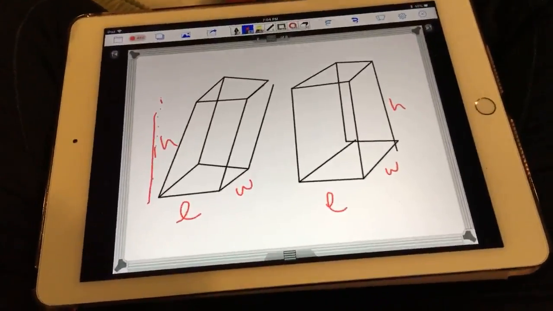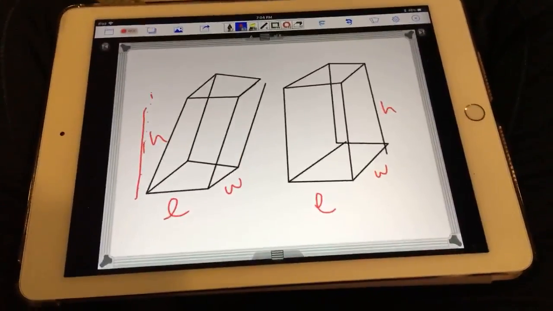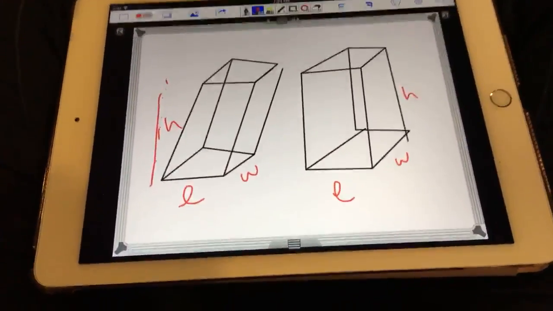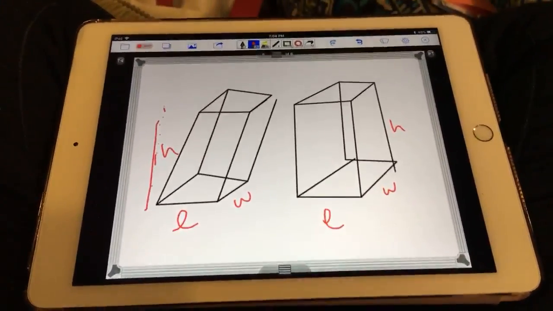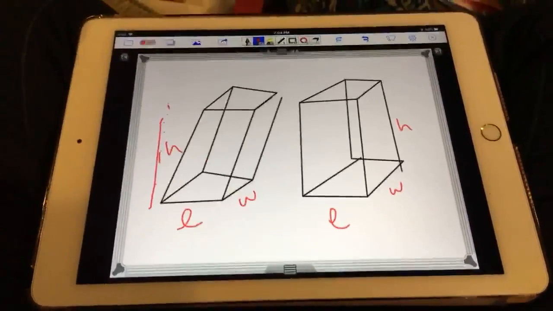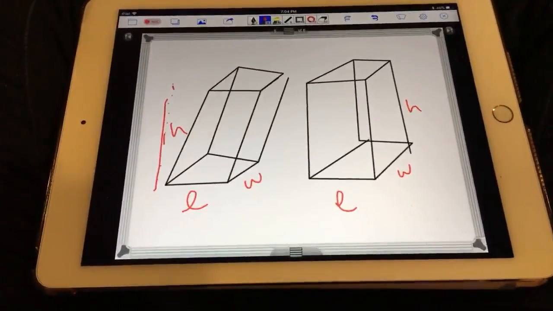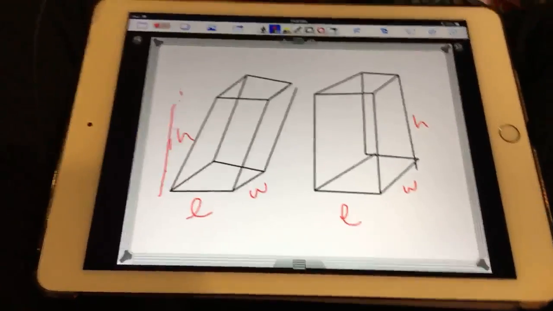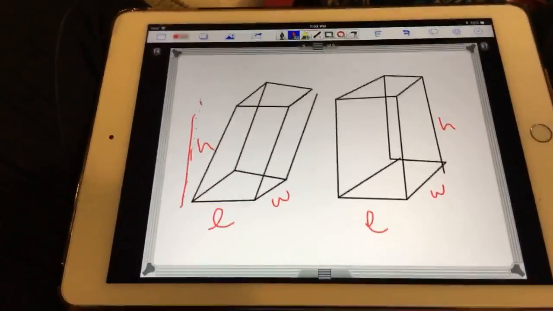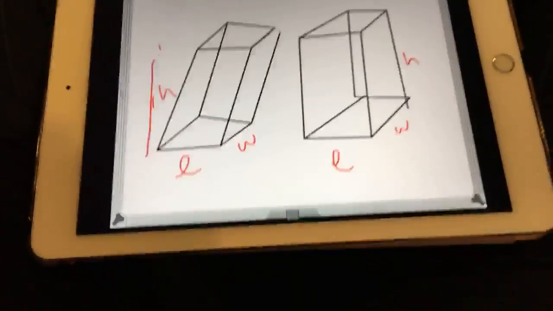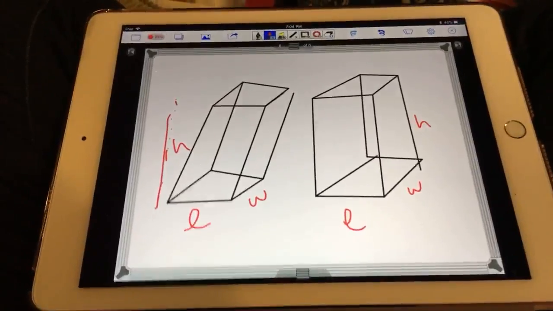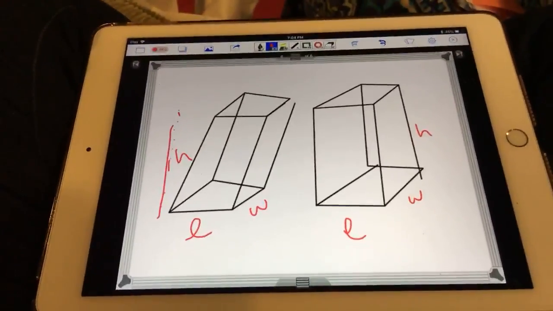But I haven't changed the volume because I've still got the same length, width, and height. Each of the tiny cross sections is still the same, and the height is still the same. The volume of a prism is length times width times height, and if none of those measures are changing, even if the location of those measures changes, then the volume can't change. Does that make sense, Sharon?